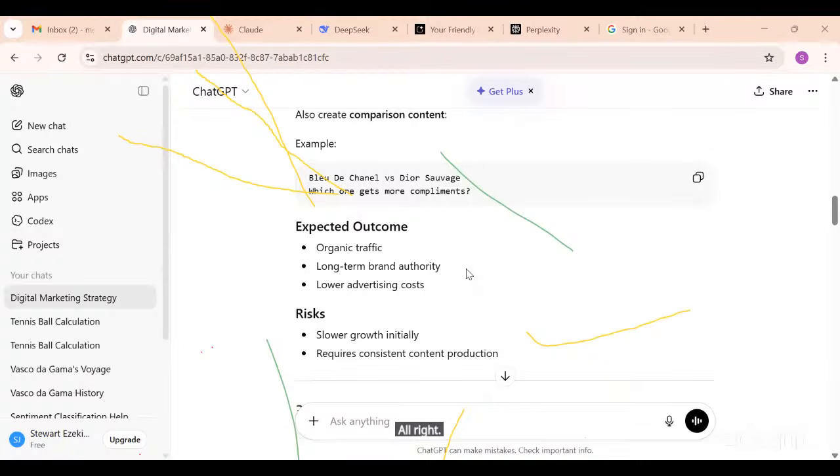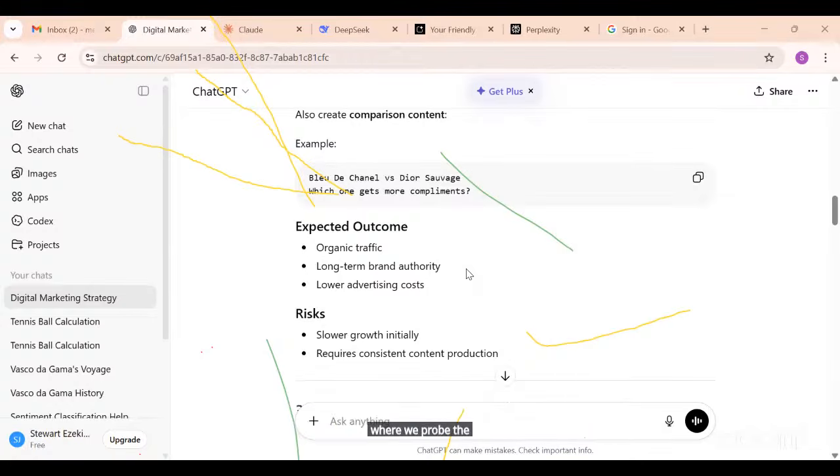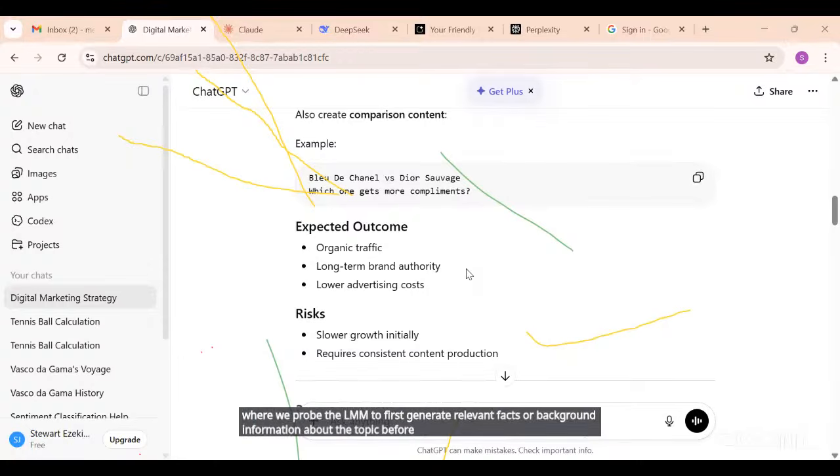Let's look at number 3, generated knowledge prompting. So this technique involves prompting the LLM to first generate relevant facts or background information about a topic before attempting to answer the actual question or perform the main task.